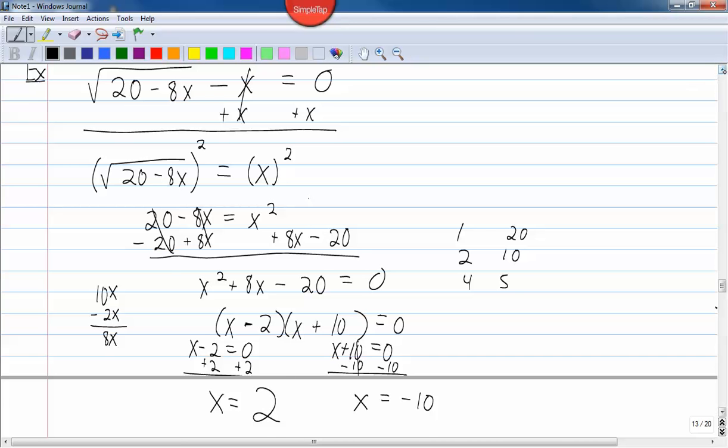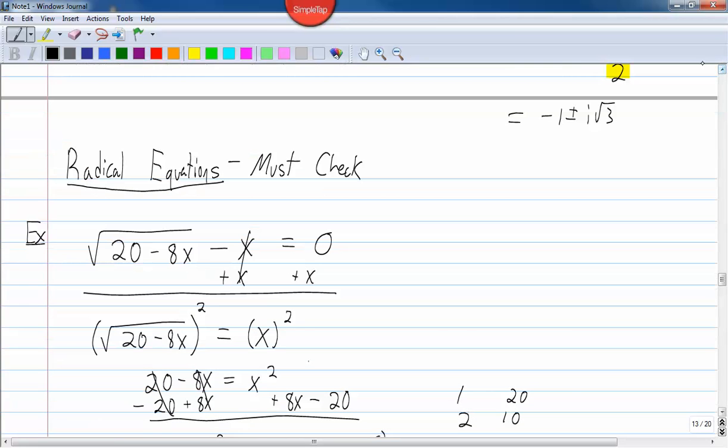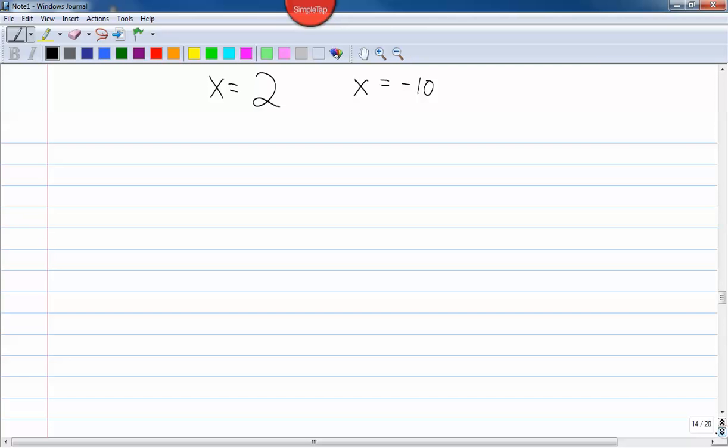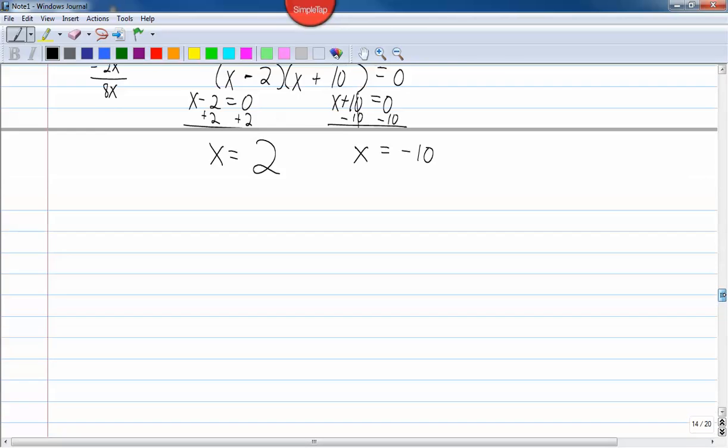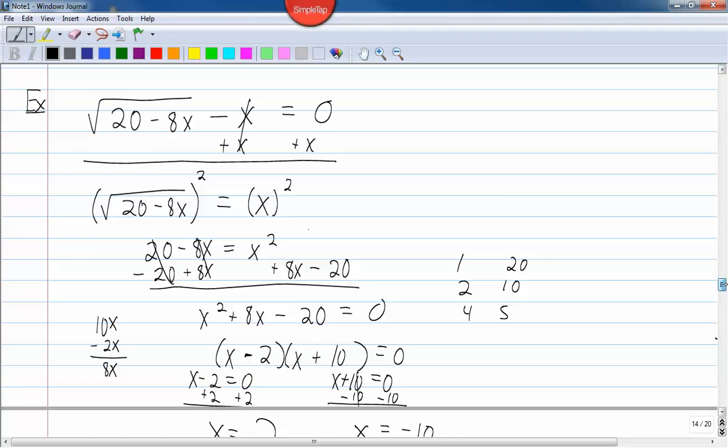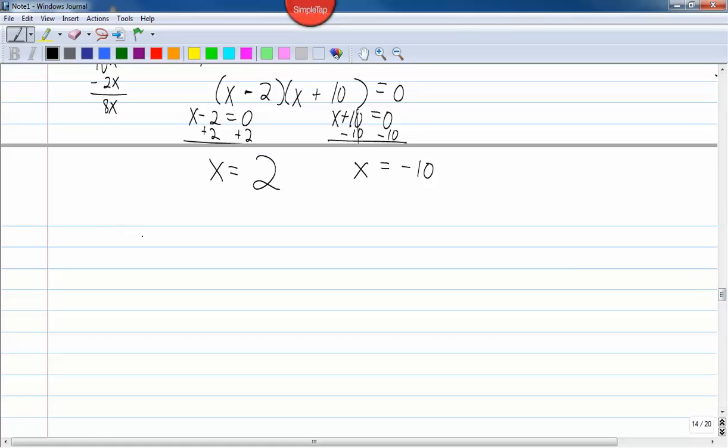Because I said at the end, what do you have to do with radical equations? You must check them to see. Alright, so take your original equation, the square root of 20 minus 8x, minus x equals 0.